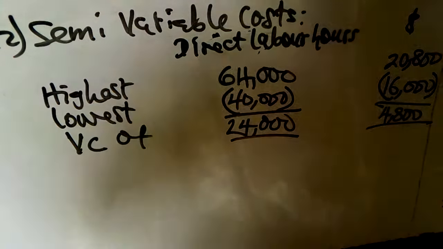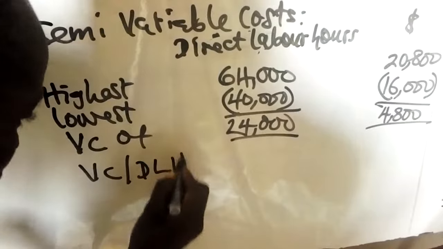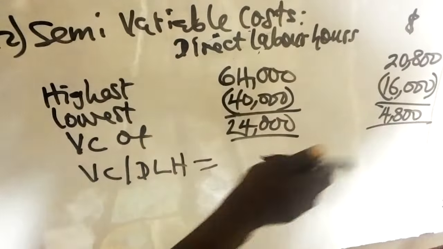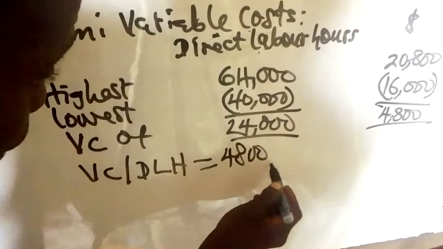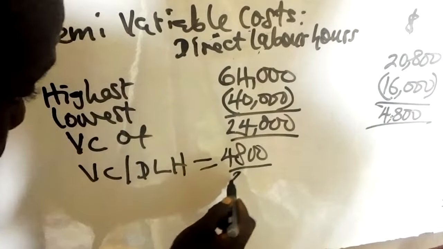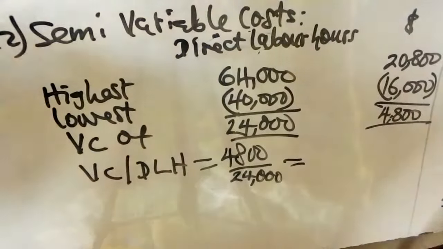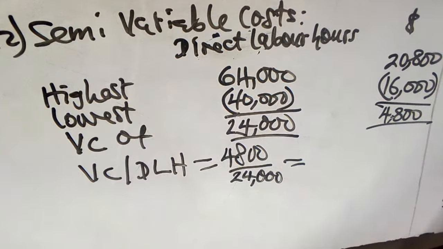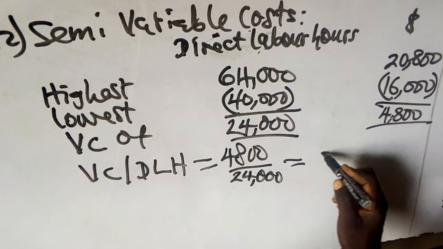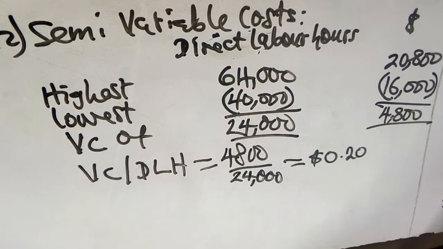Then the variable cost per direct labor hour will be 4,800 divided by 24,000, and that is $0.20. That is the variable cost per direct labor hour.